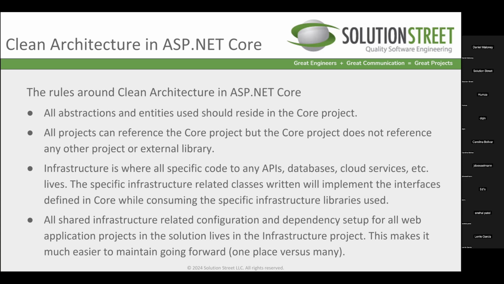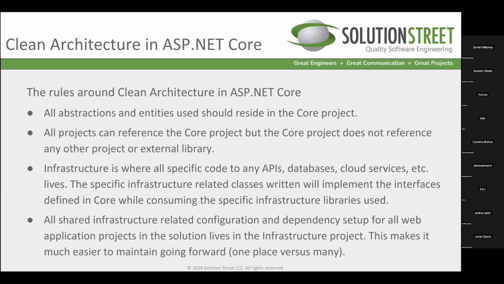All the abstractions and entities used in your solution should again reside in your core project. All projects can reference the core project, but the core project does not reference any other project or external library. It stands on its own, right? It doesn't reference another project in your solution, doesn't reference any other external libraries. It is the .NET Core framework and nothing else, and that's it.